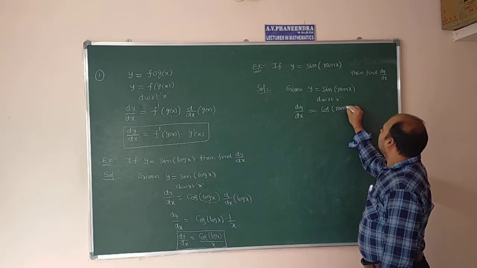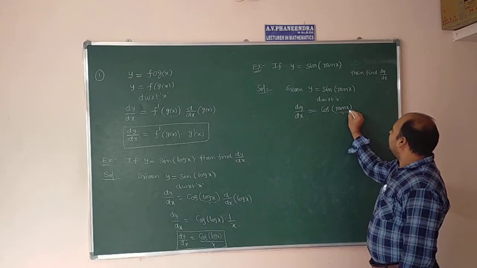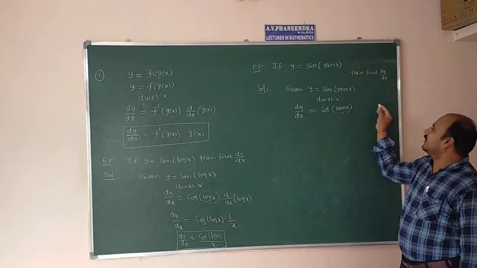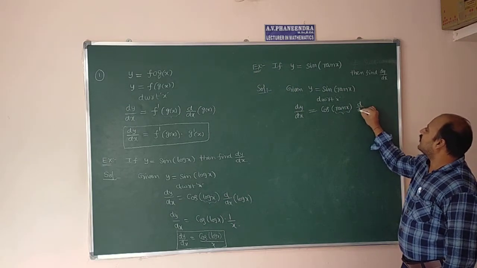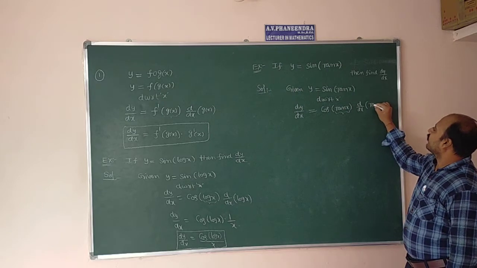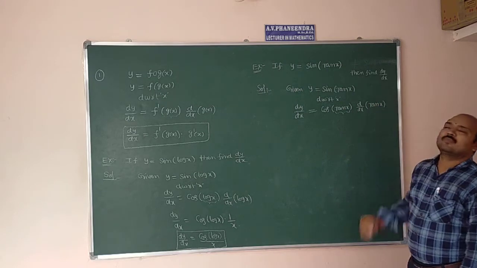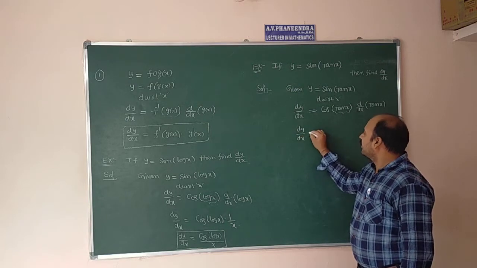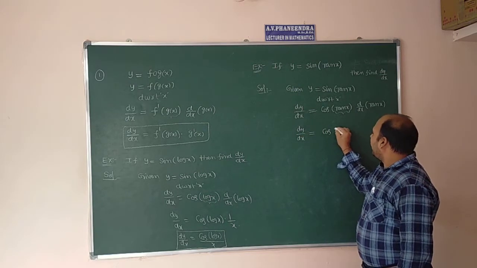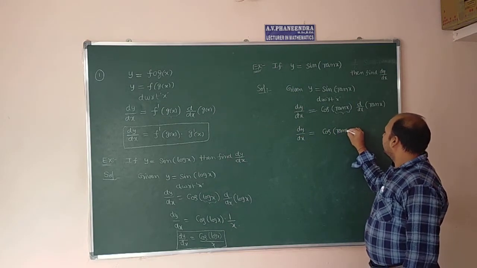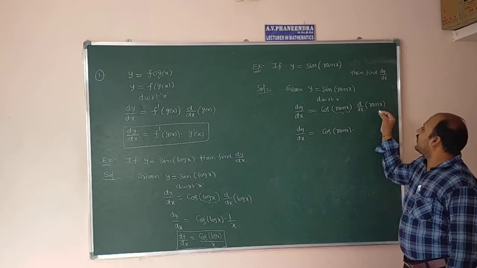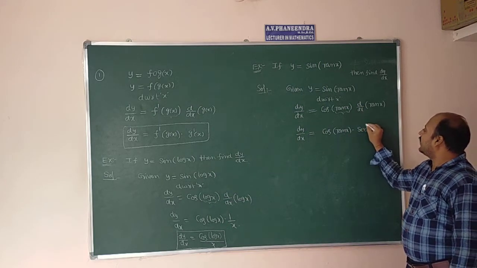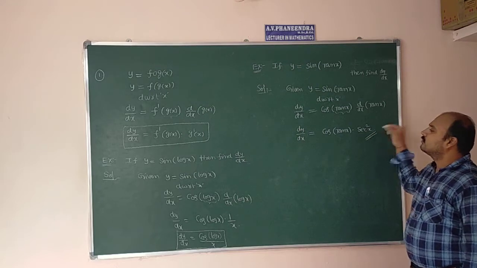Tan x. Whatever the function is involving in this we have to differentiate. So d by dx of tan x. dy by dx is equal to cos of tan x into d by dx of tan x, which is secant square x. That's all.